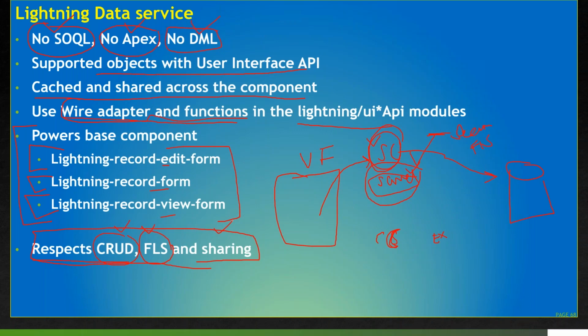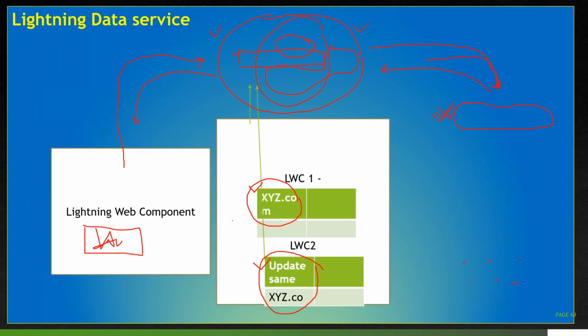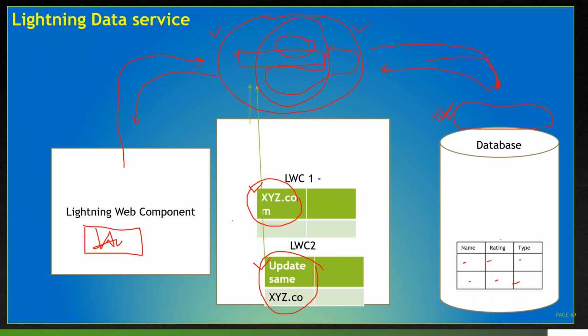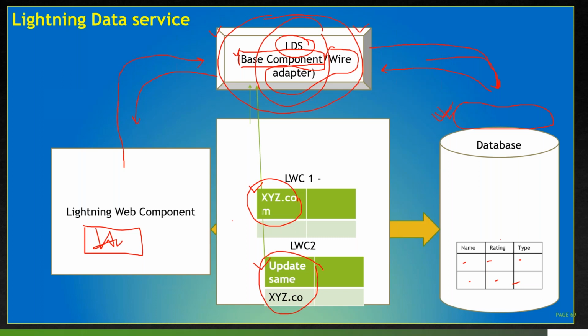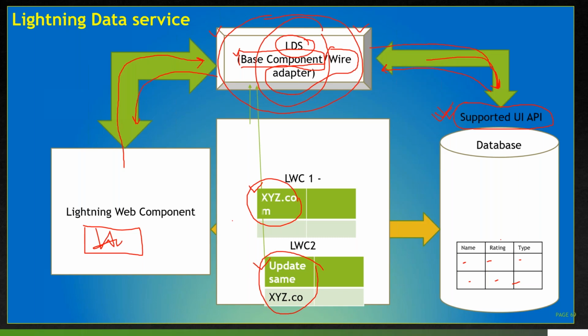So overall, whenever you want to access data from the database in a Lightning web component, it checks whether the object is supported by the user interface API. Only then can LDS access data from the object, or do DML on the data to show in my Lightning web component.